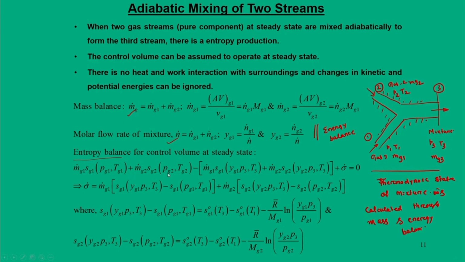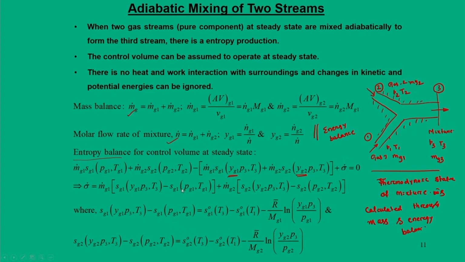For gas 2, it has to be evaluated at its corresponding pressure P2 and T2, and after the formation of the mixture, the composition of the components may change. So, we will end up having the mole fraction for gas 1 and the mole fraction for gas 2. Once you know these mole fractions and final pressures, the entropy will be evaluated at that temperature and pressure. By inserting these values, we can calculate the entropy production term.